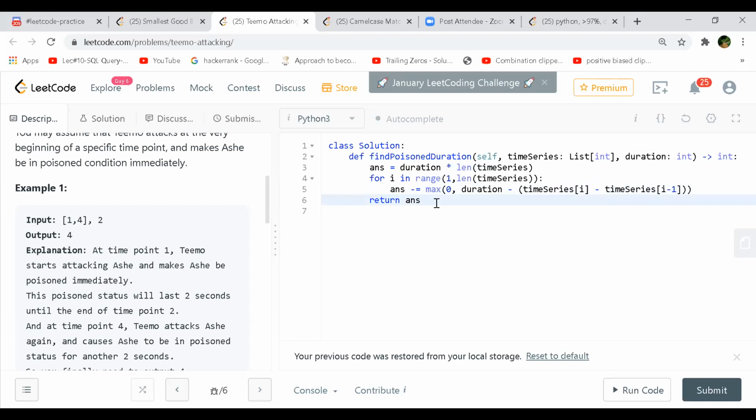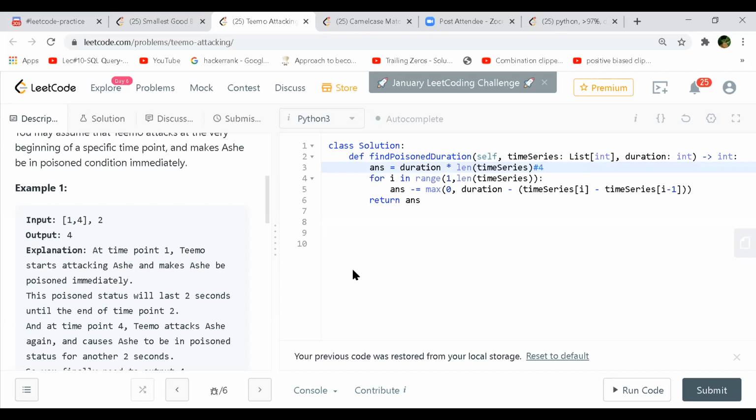On line 3 you are saying answer equals duration multiplied by the time series size, correct? That is 2, so it will be 4. So assuming there will be no overlaps, this will be your maximum final answer, correct?